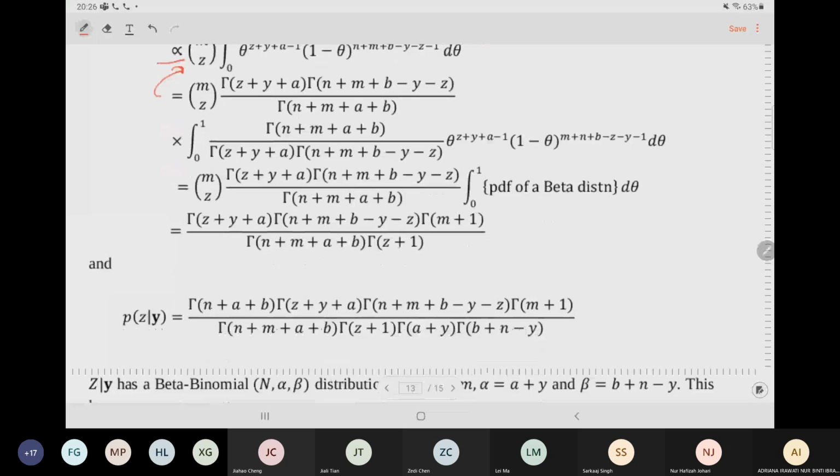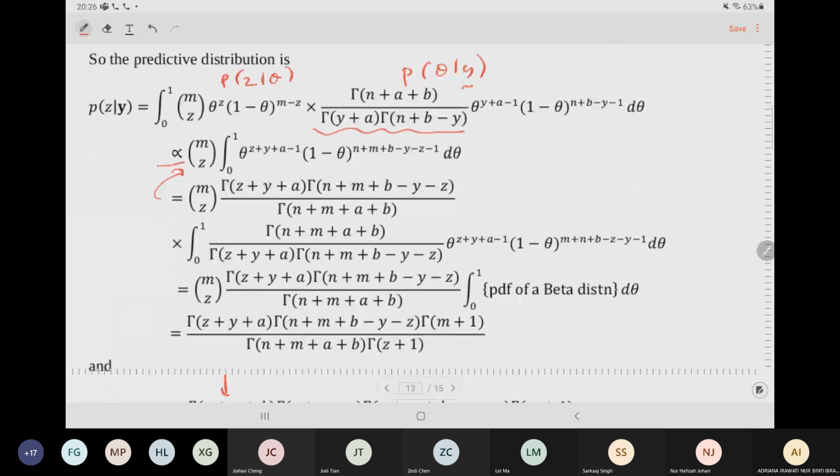But because it's too long to write, I just take it out. So the rest is your M choose Z. You keep your Z here, and then the theta here I simplify from all the theta inside there, and then you get this kernel.